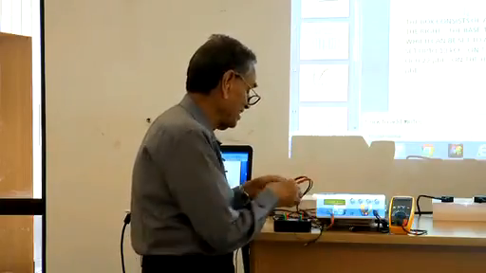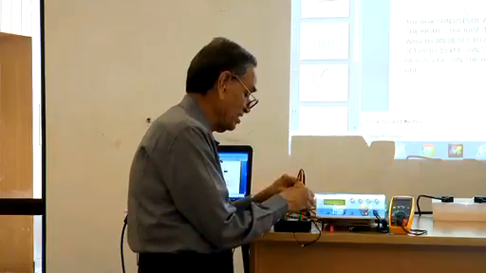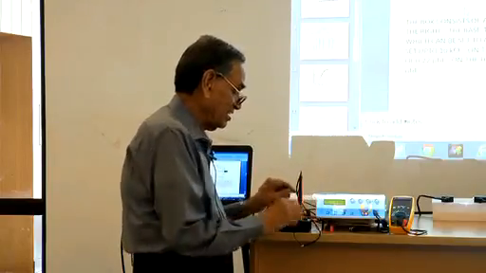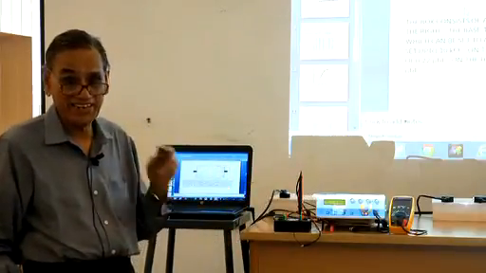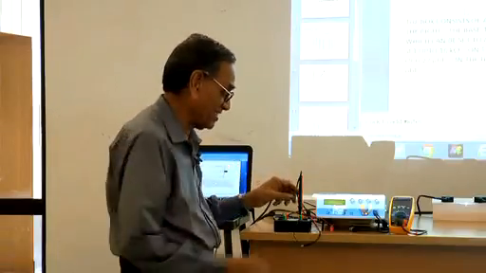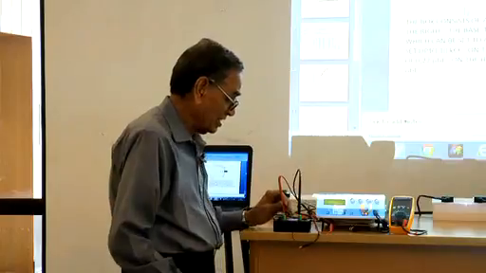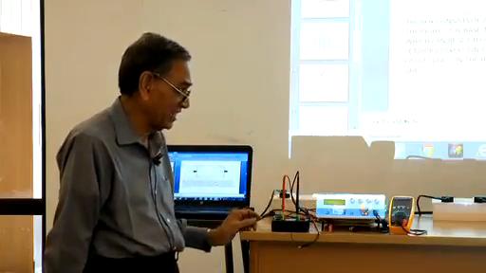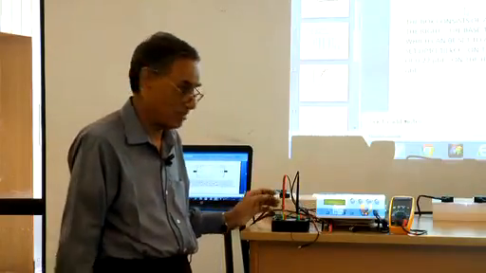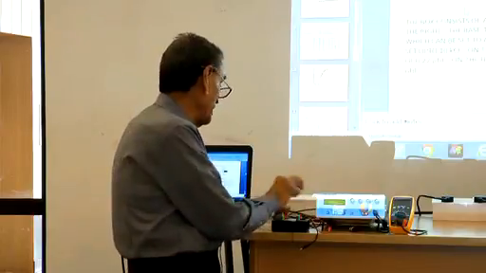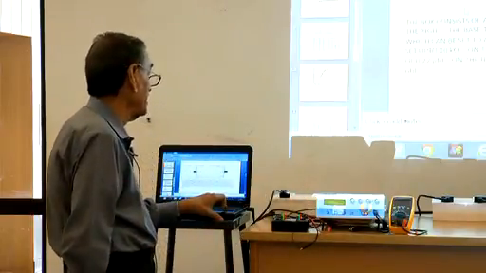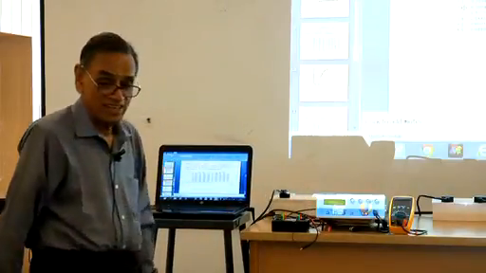I measure the input between the red and green on the low pass side, and the output between the yellow and green on the high pass side. So you do it as a function of frequencies.